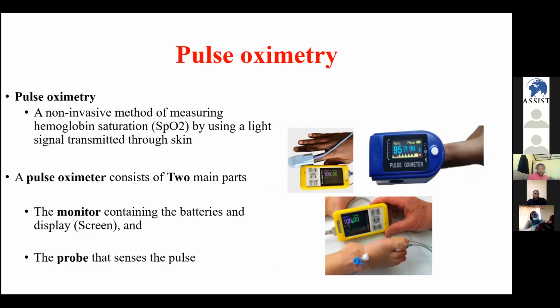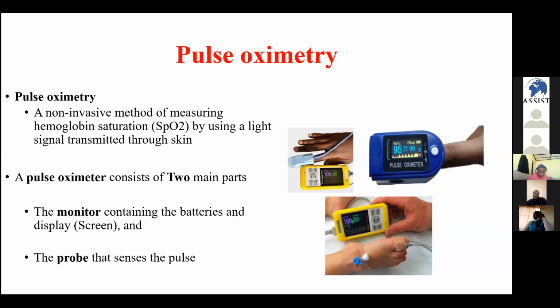Pulse oximetry is generally a quick, non-invasive method we use to measure patient hemoglobin saturation by using a light signal transmitted through the skin. We shall not go into the physics around the function of the pulse oximetry, but we will try to summarize the basic principles.